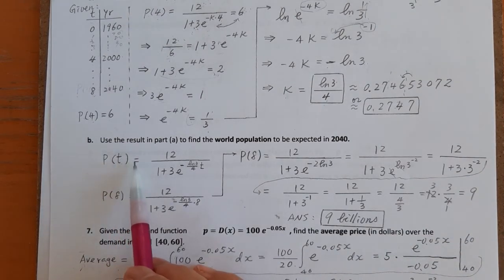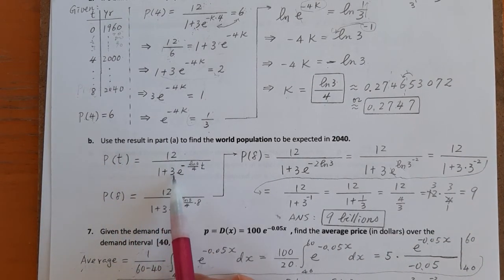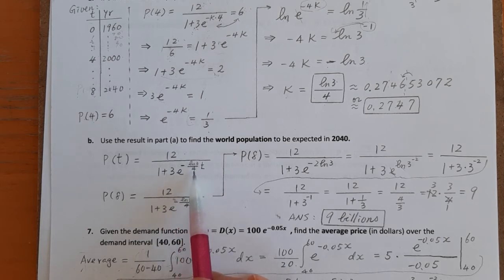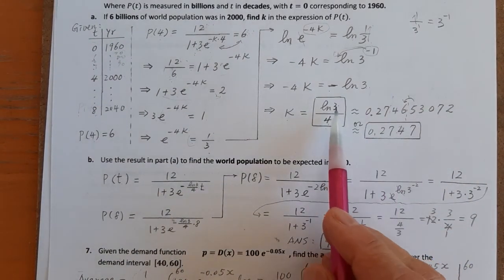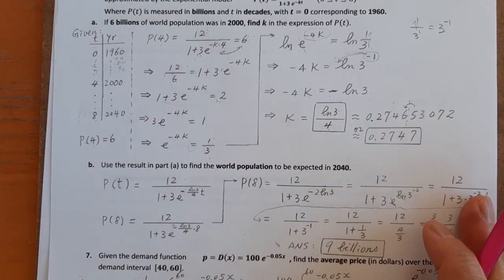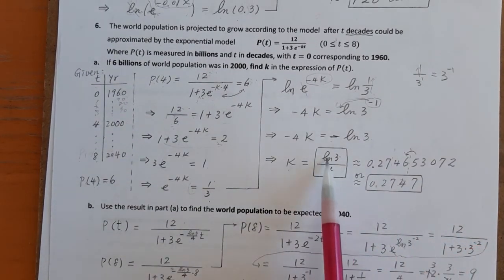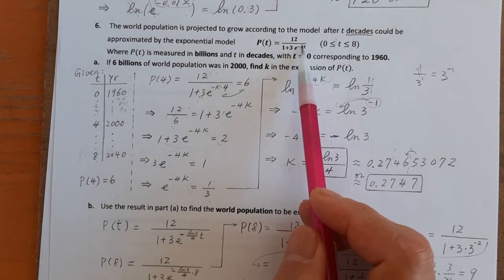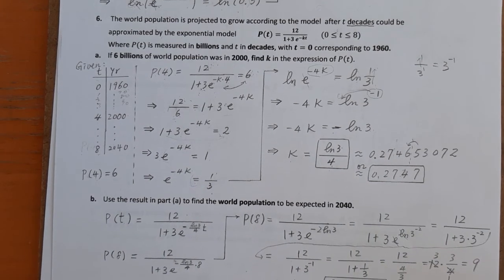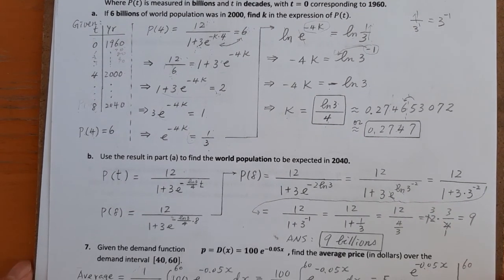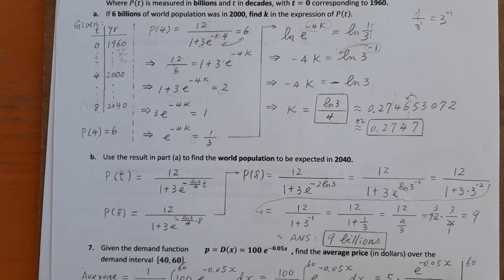So P of t equals 12 over 1 plus 3 times e to the power negative k t, and for k I use the exact value ln 3 over 4. Plug ln 3 over 4 into k here, getting negative ln 3 over 4 times t. Then plug in t equals 8: the 4 cancels, getting 2.